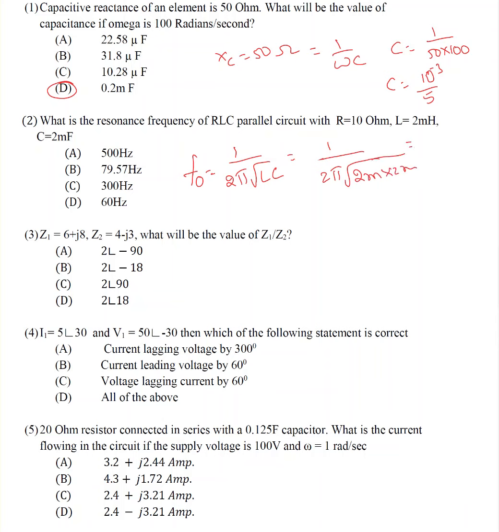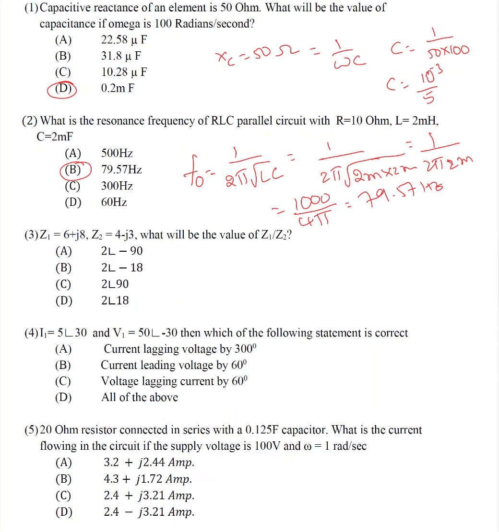So it's a square root, so 2 milli square root get cancelled. So 2 pi times 2 milli, we'll end up with 1000 over 4 pi. What is that value? That value is 79.57 hertz.